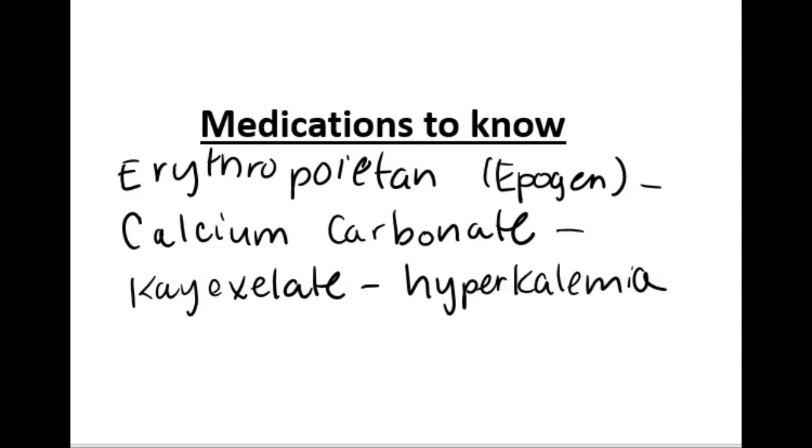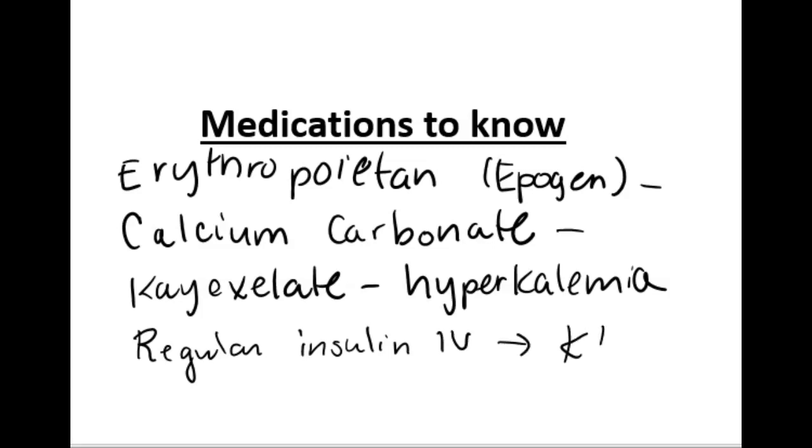And we've discussed before, but one of the things we can do that does not need the bowels and GI is to give regular insulin IV to push the potassium into the cells. So we're not excreting it, we're pushing it into the cells. Gives us a chance to correct it.